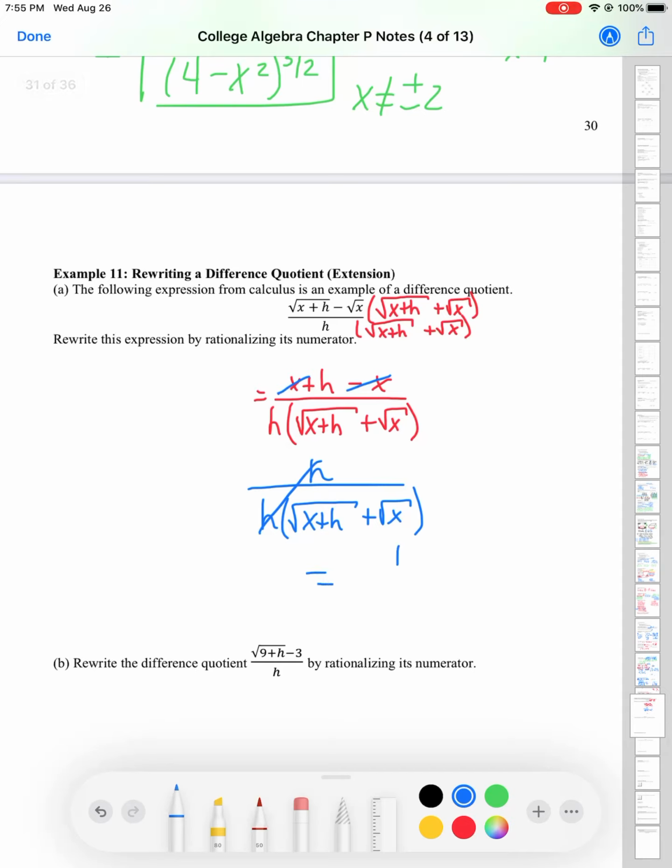Then your h's cancel. So you've got 1 over the square root of x plus h plus the square root of x.